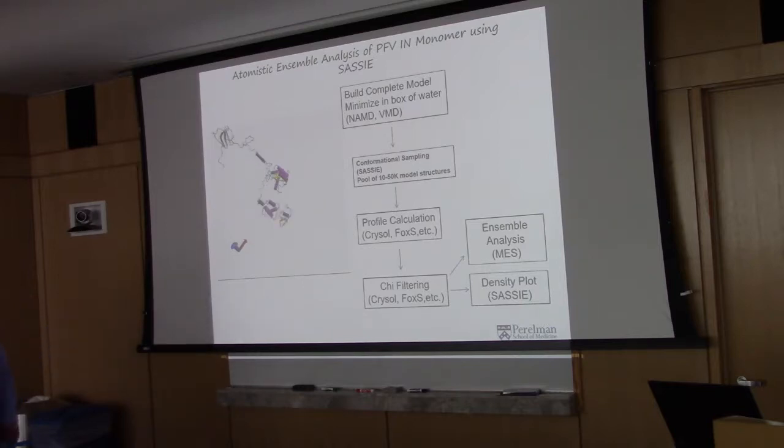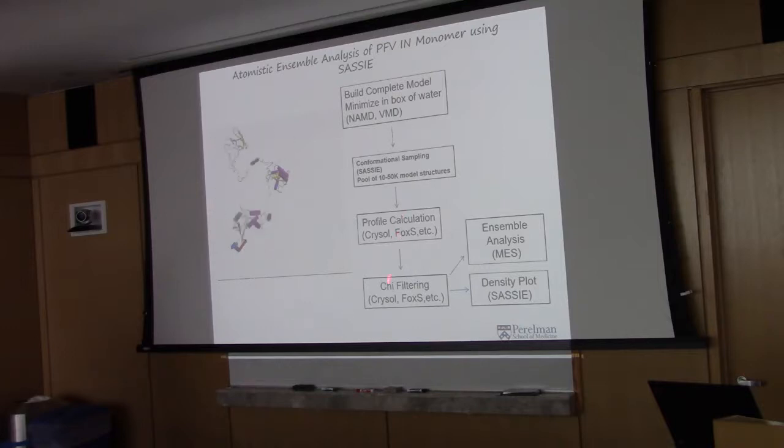Okay. So this is a model that was built in molecular dynamics, where it's relaxed in a box of water. All right. And then allowed to sample many different candidate structures. And then for each of those, at the time, I think we were running Crysol. I think now there are so many other programs available that we probably wouldn't use Crysol because they're more rapid. The bottleneck in this analysis is generating those profiles for each and every one of the candidate structures.